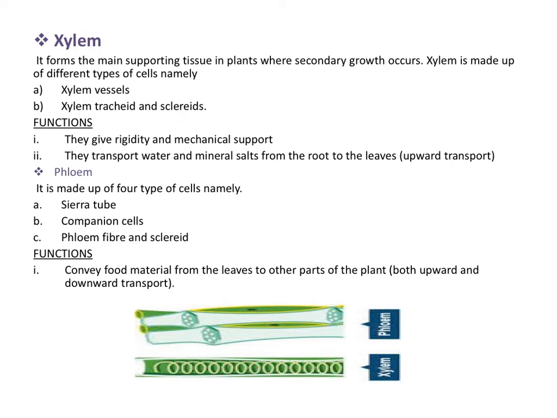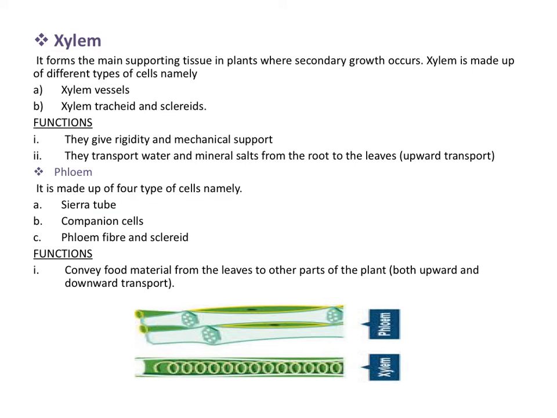Xylem. It forms the main supporting tissue in plants where secondary growth occurs. Xylem is made up of different types of cells, namely the xylem vessels, xylem tracheids, and sclereids. Functions: they give rigidity and mechanical support to the plants. They transport water and mineral salts from the roots to the leaves.